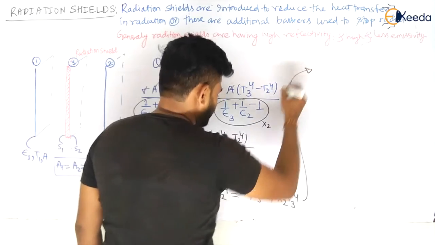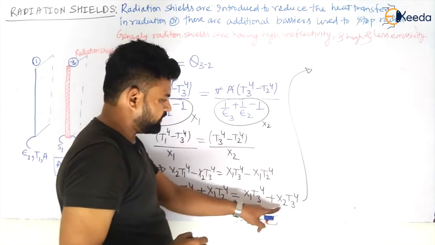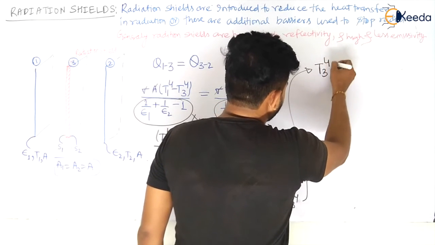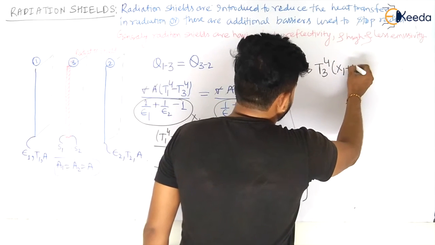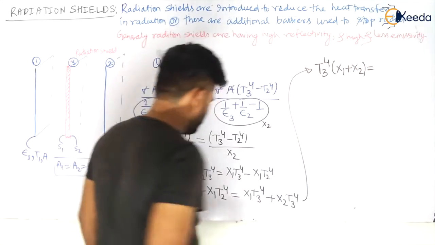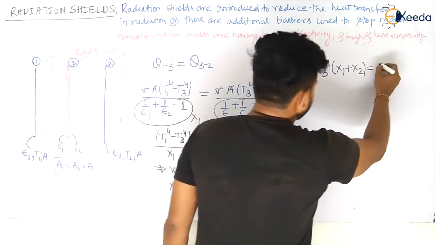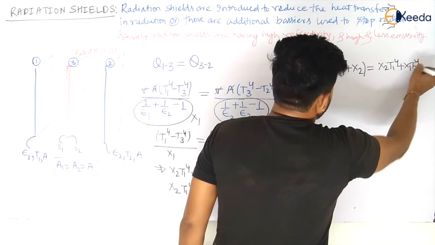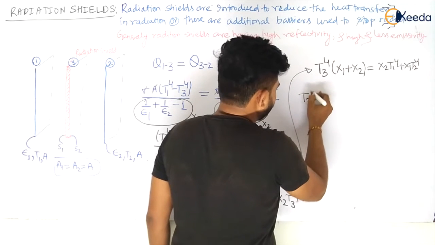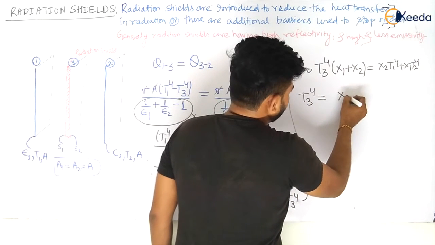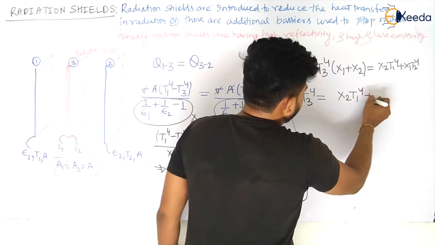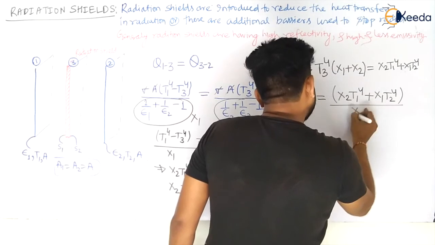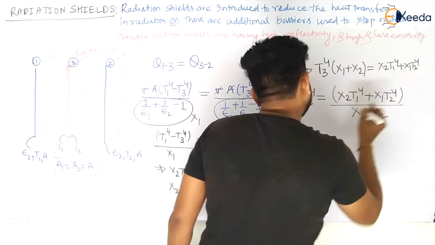Taking T3 to the power 4 out, there will be x1 plus x2. Now what will be T3 to the power 4, my dear students? This will be x2 T1 to the power 4 plus x1 T2 to the power 4 divided by x1 plus x2.